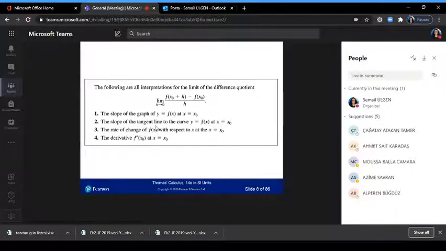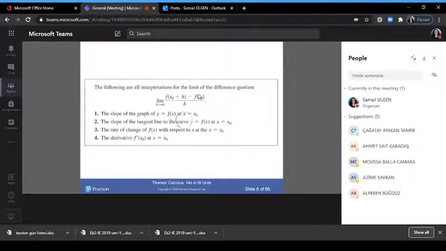Second interpretation: again you have the same curve, y equals f of x, and at x0 there's a tangent line to the curve, and what we have found is the slope of that tangent line to the curve.